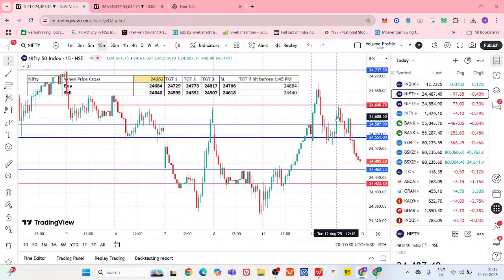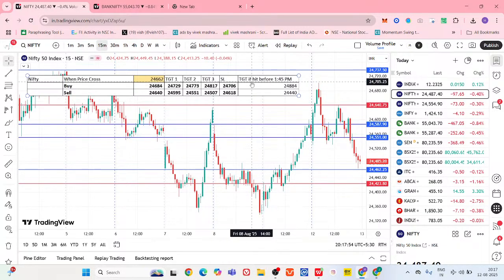After that, if you see, price again went back, but the good thing is it retested the exact level and came down. It came to the same candle here, again went up, and then the shorts came down. Did it hit the final target? 24,440 was the final target, which is almost there.